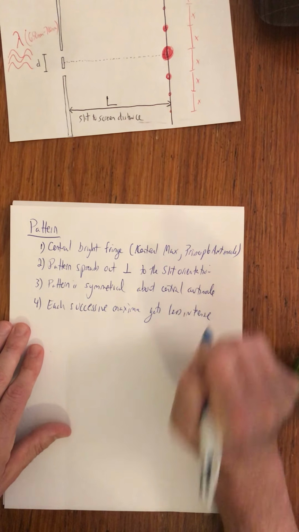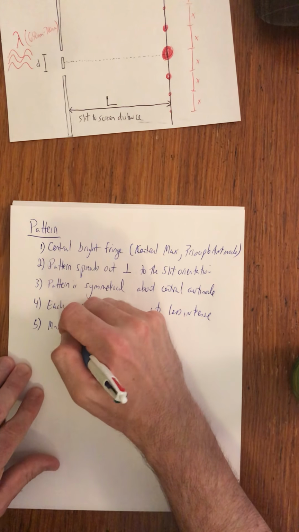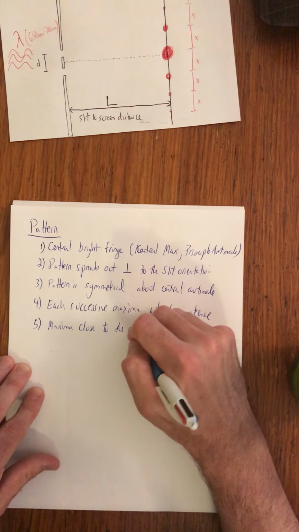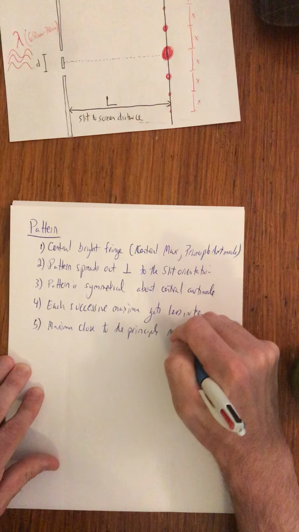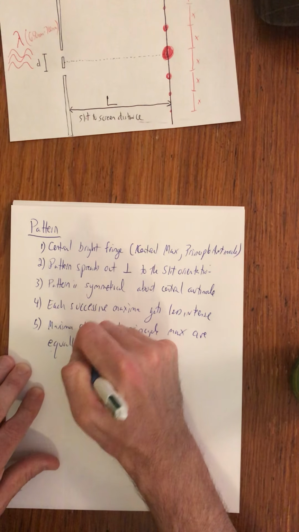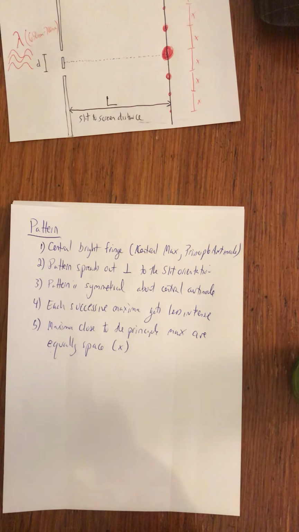We'll do some stuff with that in a little bit. And then maxima close to the principal max are equally spaced, and that spacing was X. And we'll talk about what that means and what that approximation is about.